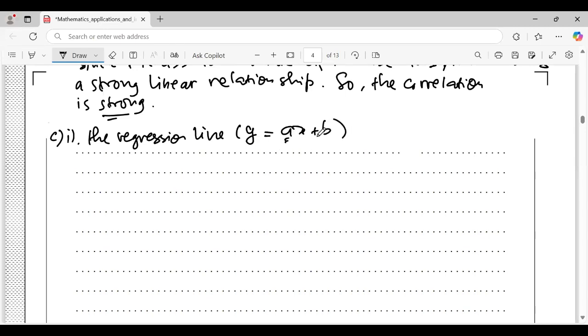So we are going to determine a as well as b. And the formula of a is n sigma xy minus sigma x times sigma y over n times sigma x squared minus sigma x squared.